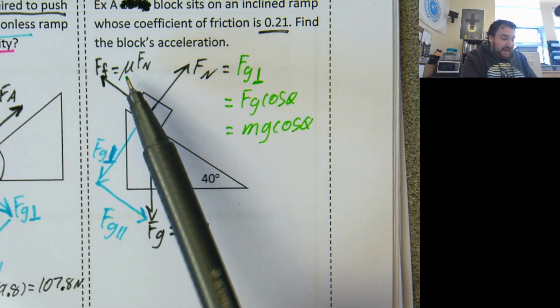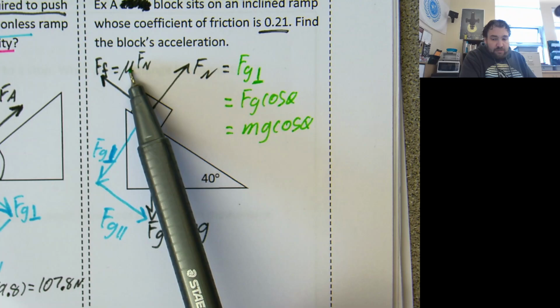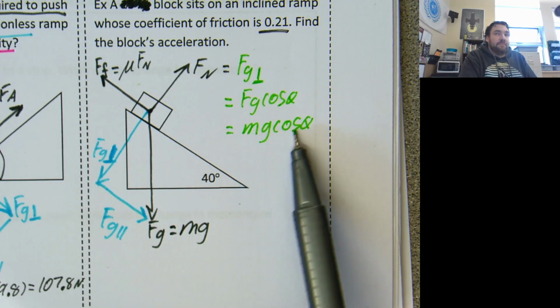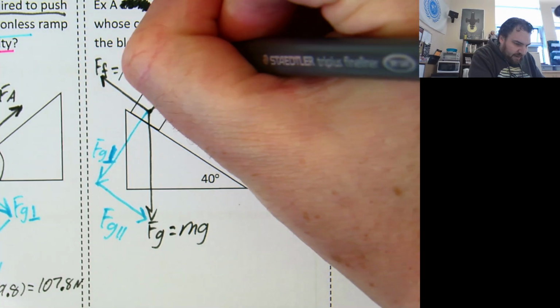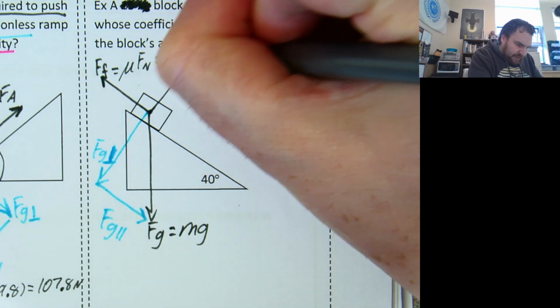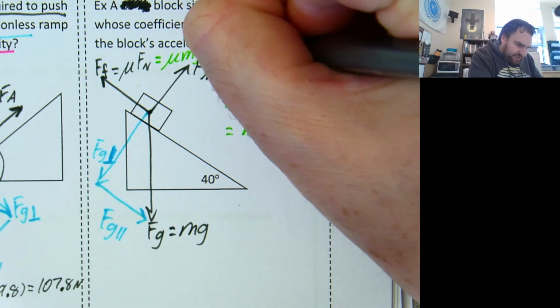So the force of friction then is just going to equal mu times mg cos theta. So then this expression is going to become mu times mg cos theta.